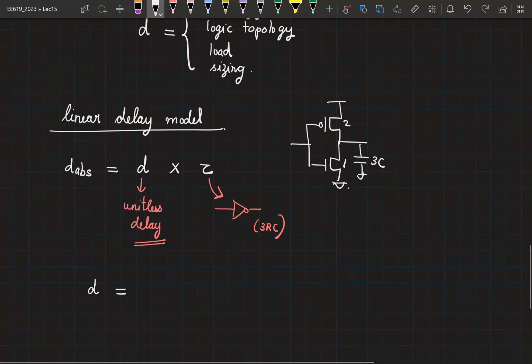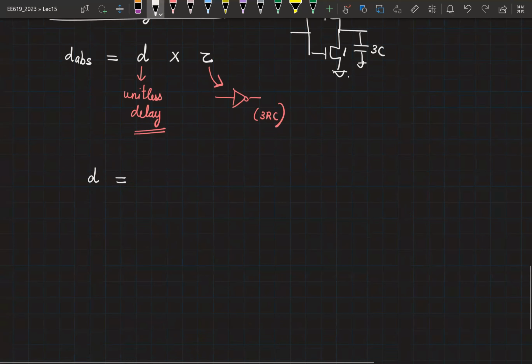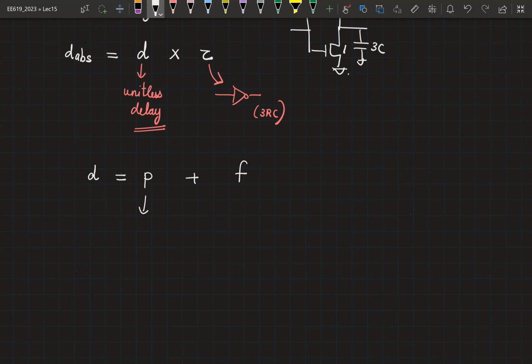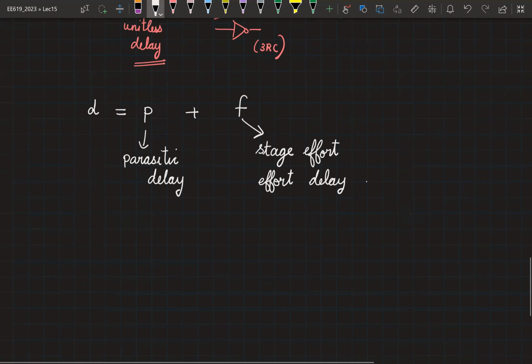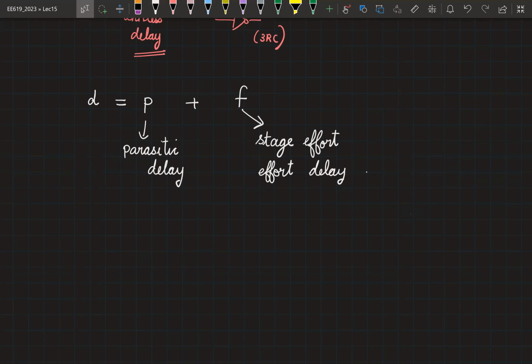So this D, I will write as P plus F, where P is called the parasitic delay and F is called the stage effort or effort delay. Now, first we will focus on this parasitic delay.